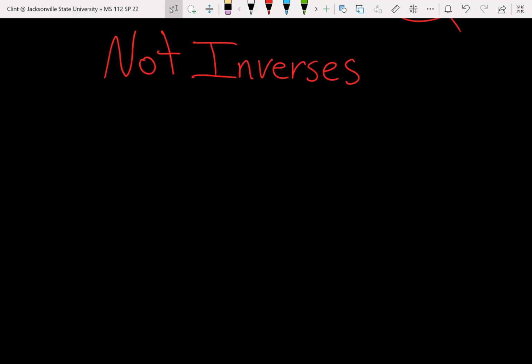It's possible that we have some function, we know it's 1-to-1, maybe the graph passes the horizontal line test, or there are other things that are a little more complicated you can do to test to see if the function is 1-to-1. We might have a function that we know is 1-to-1, but we don't have any way of solving and finding its inverse. We know it has one, but we don't have any method to find the inverse.